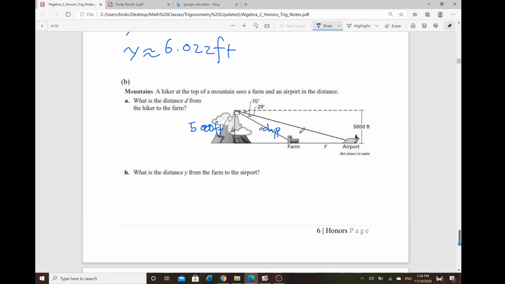Now one thing that we need to come up with here is the angle. Got to be careful with the way we come up with the angle. We do know that this one is 90 degrees, this small angle here is 15, and this angle here is 29 degrees.